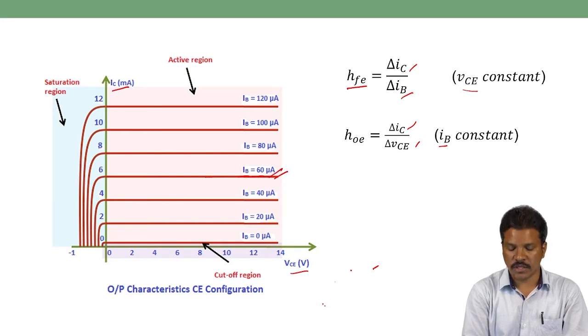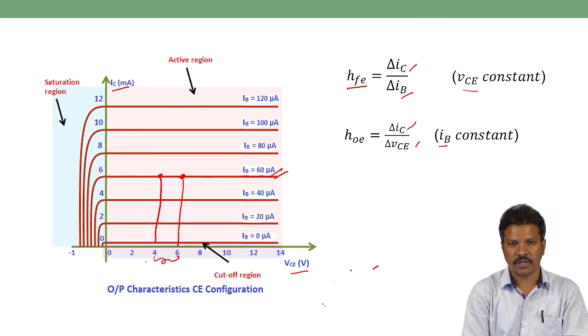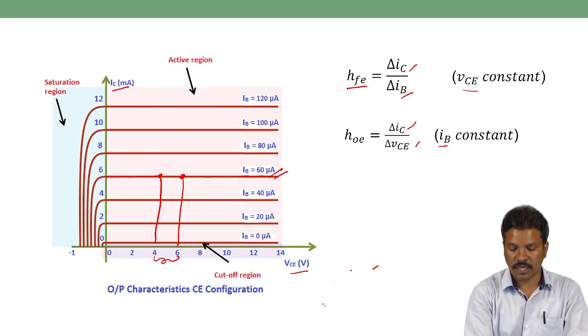So upon this curve, when we take 2 points on the x-axis and 2 points on the y-axis, that is a simple representation of the change in VCE and the corresponding IC current.